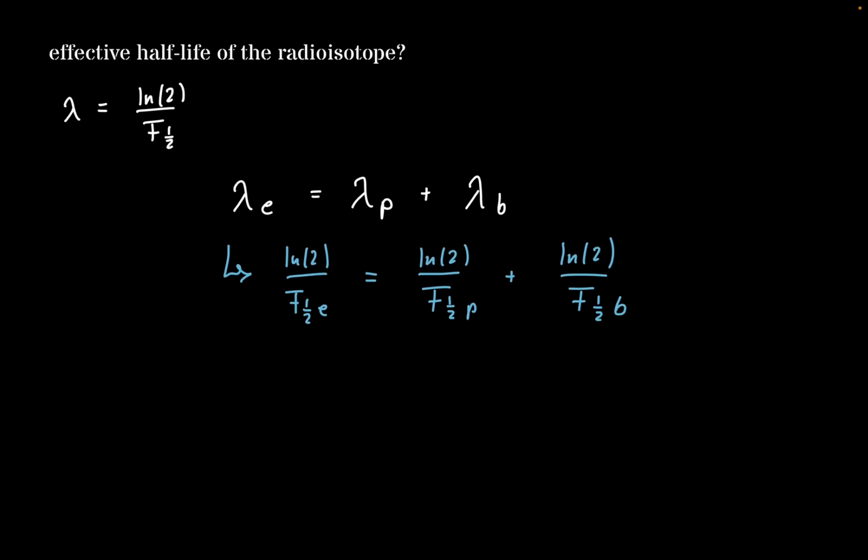We can cancel out the natural logs, and then 1 over the effective half-life is equal to 1 over the half-life of our particle plus 1 over the half-life of the biological process.